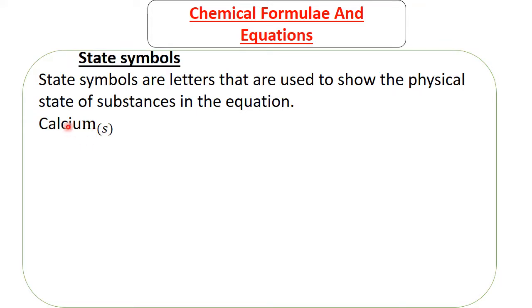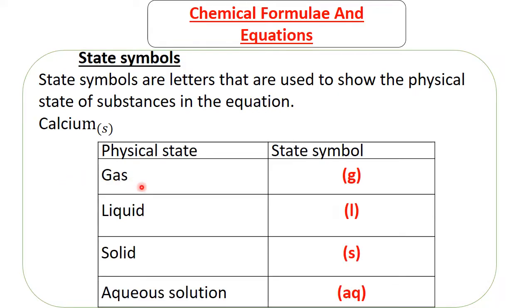Remember, a lot of things can happen to calcium. Maybe it can be melted. If it's melted, you have to put a symbol that shows that it's a liquid, an L here. So these are the used state symbols. Gas is represented by g in brackets, liquid by l in brackets, solid by s in brackets, aqueous solution by aq in brackets.